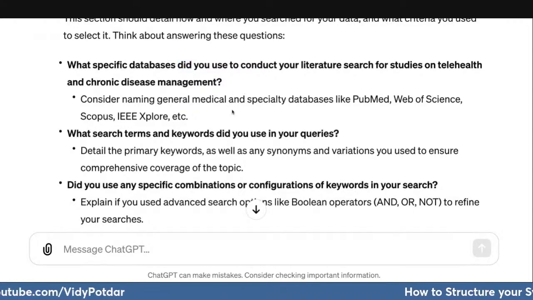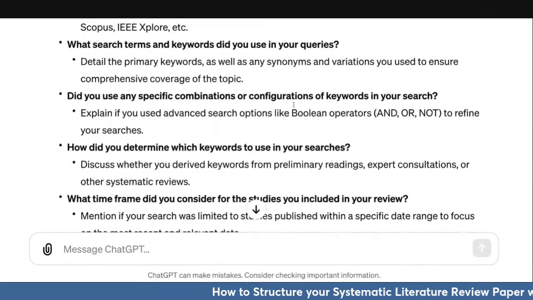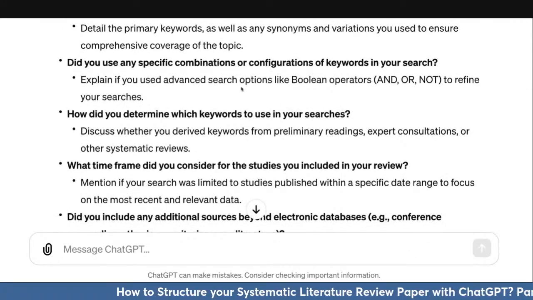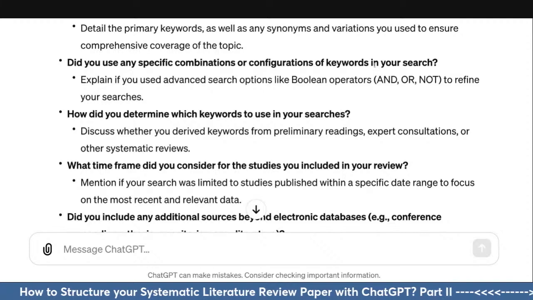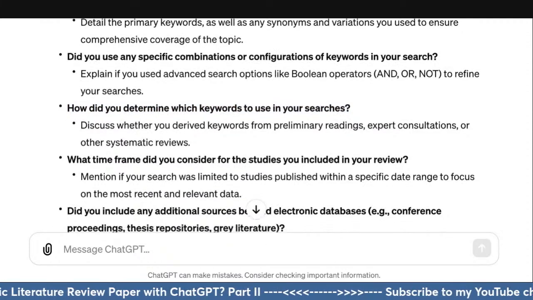Then you can answer this question. What search terms and keywords do you use in your queries? Did you use any specific combination or configuration of keywords in your search? How did you determine which keywords to use in your searches?